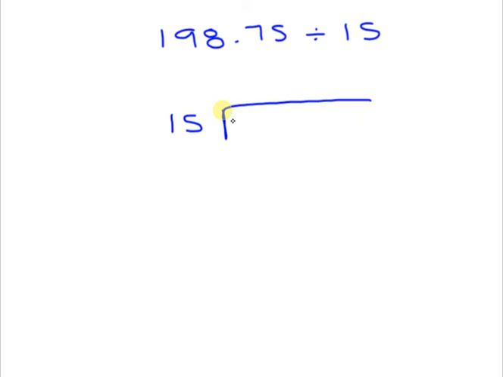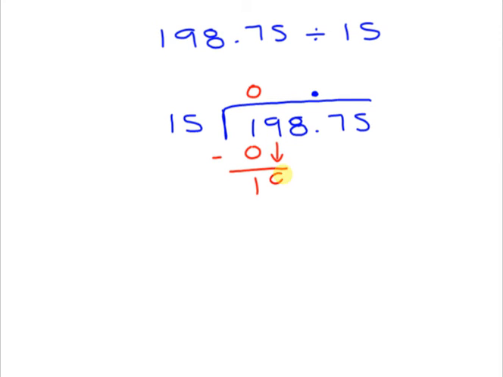All right, so let me pull the page up a little bit here. So the 15 is going to go on the outside, 198.75 on the inside, and immediately bring my decimal point to the roof. 15 goes into 1 0 times. 0 times 15 is 0. Subtract. 1 minus 0 is 1.